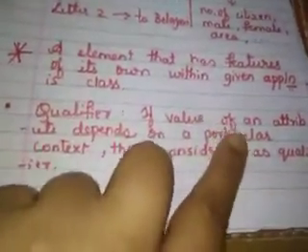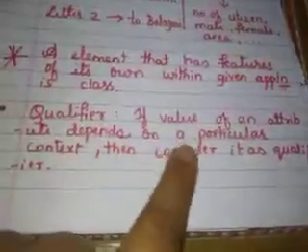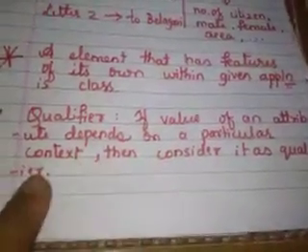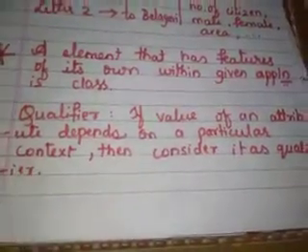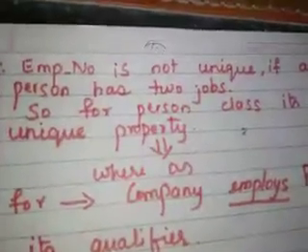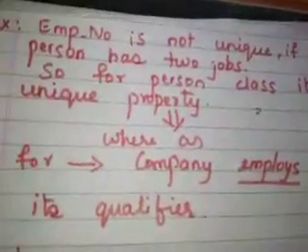That is called a qualifier. So if the value of an attribute depends upon a particular context, then we have to consider it as a qualifier, not just as an attribute. I'll explain the same thing with one example. You have a person who is working in some company, so that person will now become an employee.